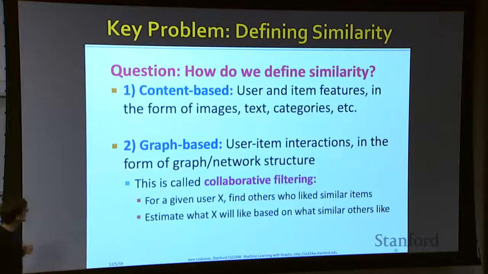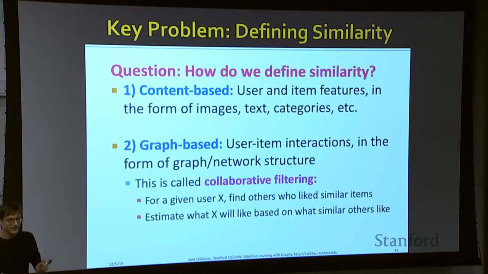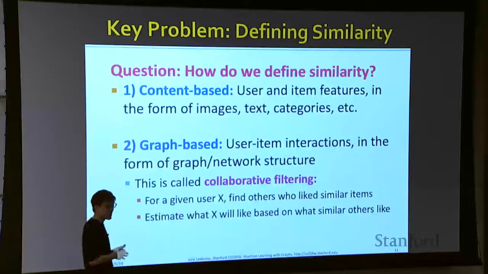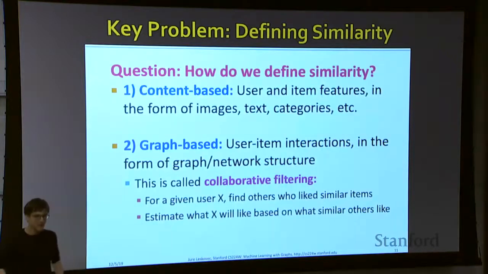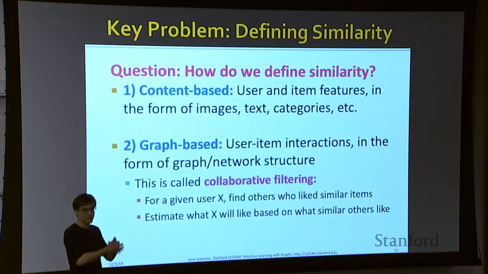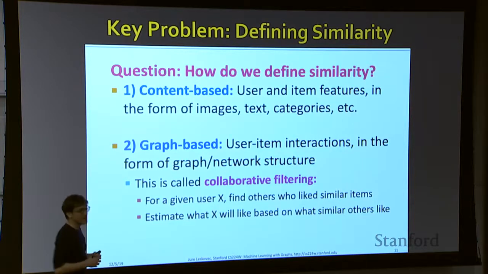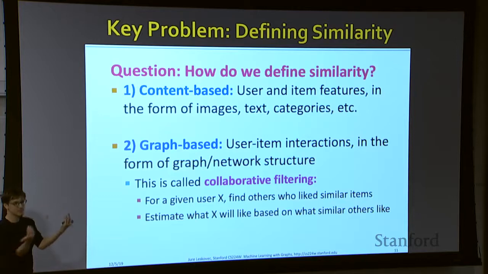So now the question is, how do I define this notion of similarity between objects or between items? And generally, there are two ways how you can do this. One way how people do this traditionally is what is called content-based, right? So we would say, for every item, for every user, I have a set of features, and the similarity of two items is the similarity of the corresponding features, right?